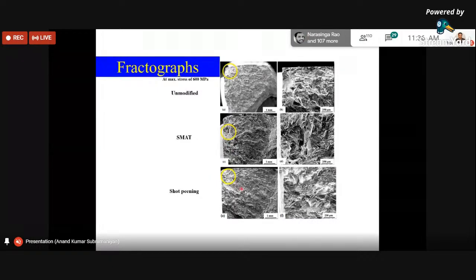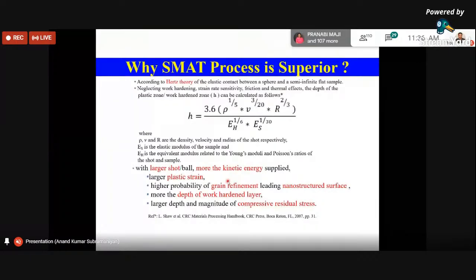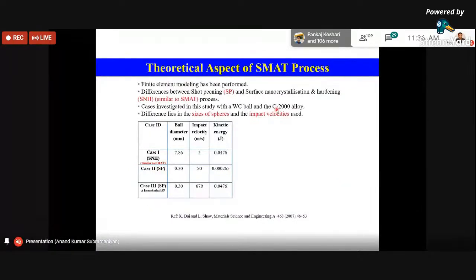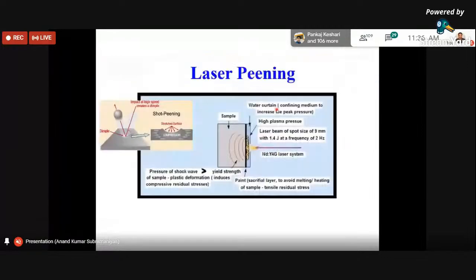And in the case of shot peening, it is also slightly subsurface, but not as deep as in the SMAT process. And we want to say that the SMAT process is superior because this work hardened layer was increased by increasing the size of the ball, which we have already discussed in the previous slide. And I think this result we also saw, right?